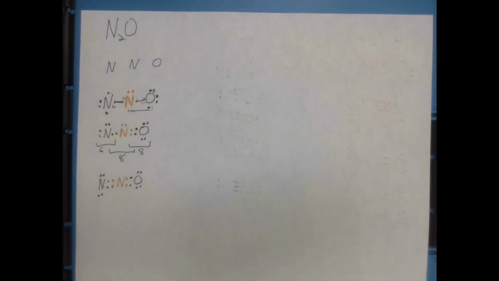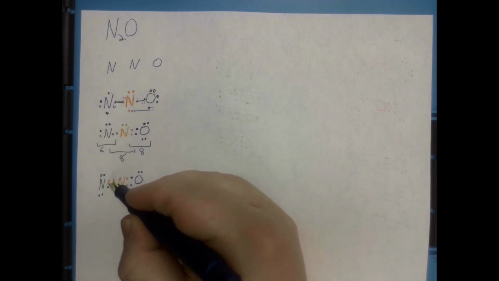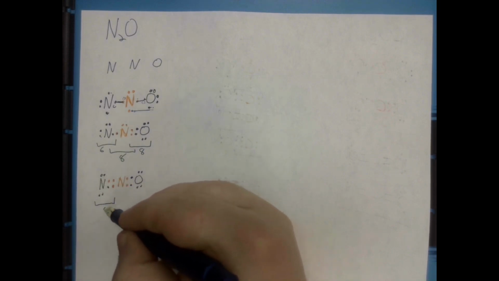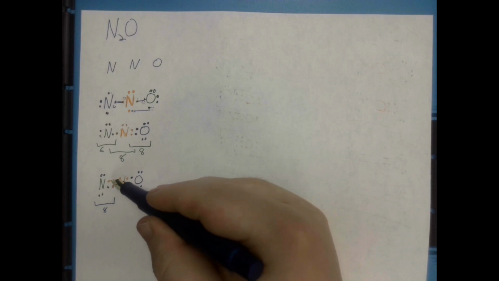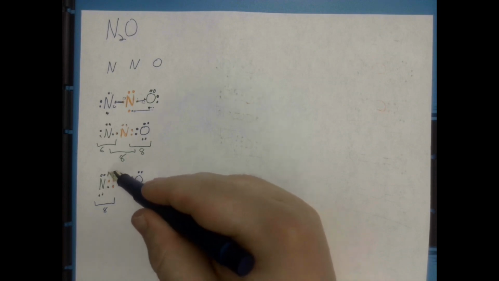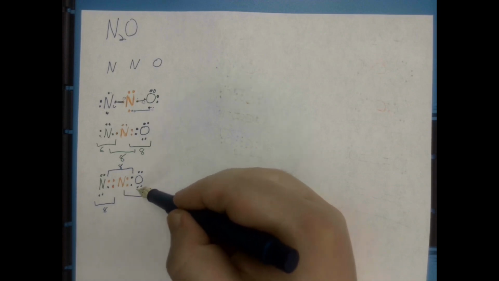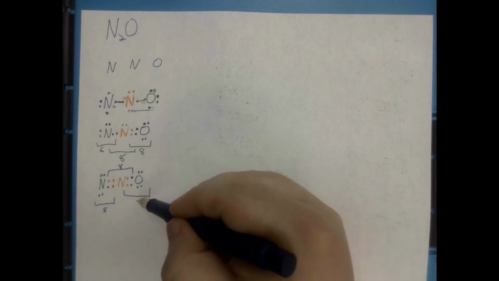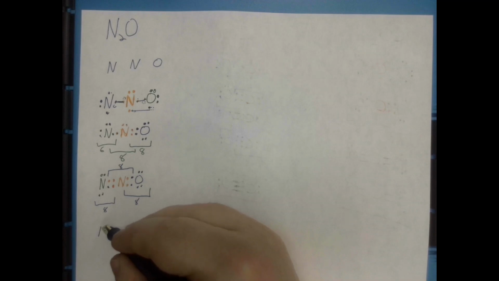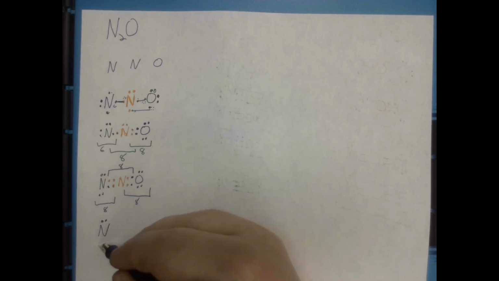Double check. 1, 2, 3, 4, 5, 6, 7, 8. This nitrogen is good. 1, 2, this 4, 4. That right there is 8. And right here, 1, 2, 3, 4, 5, 6, 7, 8. Everything's satisfied. This is a possible solution.